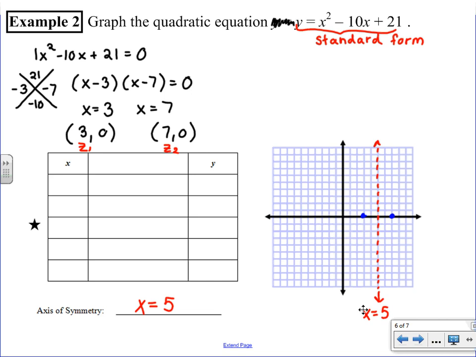So our vertex, we find our x coordinate by just adding the zeros together and dividing by 2. So 3 plus 7 is 10. 10 divided by 2 is 5, which agrees with what we just calculated for our axis of symmetry. To find the y value, you just need to put it back into the equation. So I'm going to use my original equation.